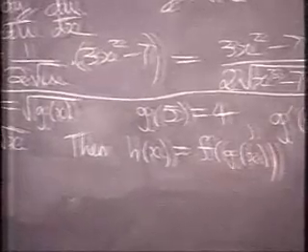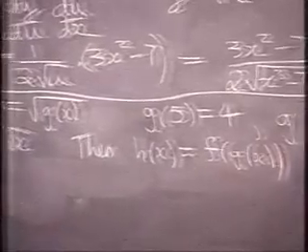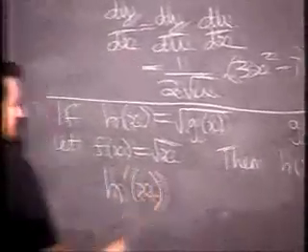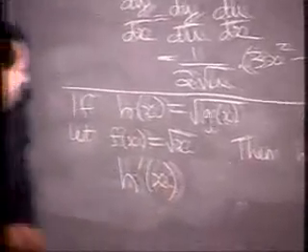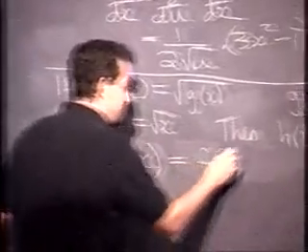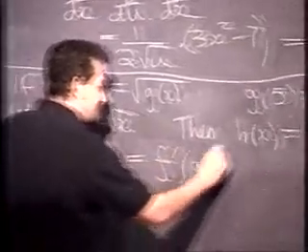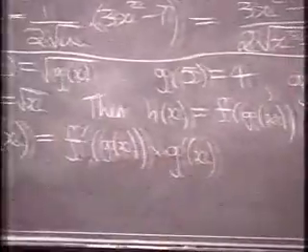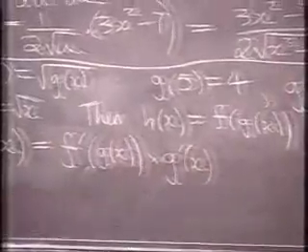So version 1 tells us the derivative h prime of x is equal to the derivative of f at g of x times the derivative of g. That's the formula that I wrote up before.